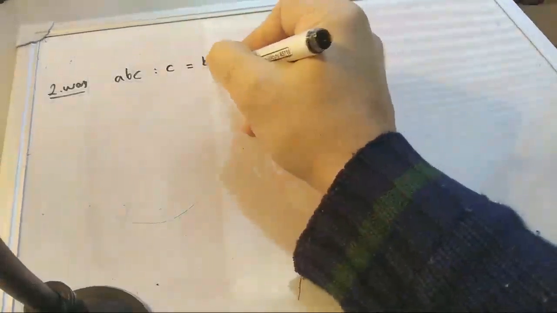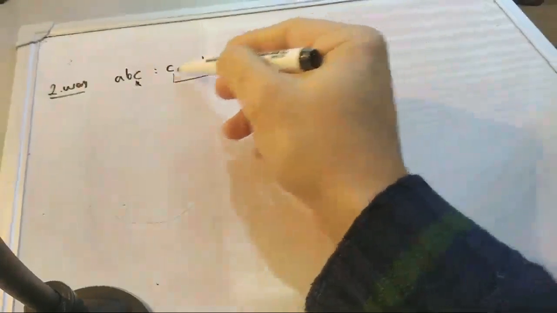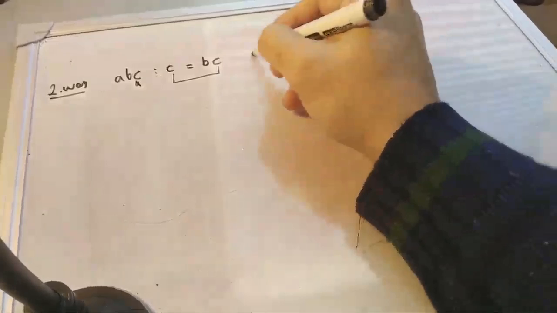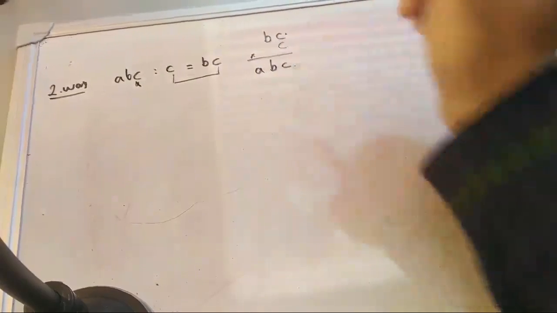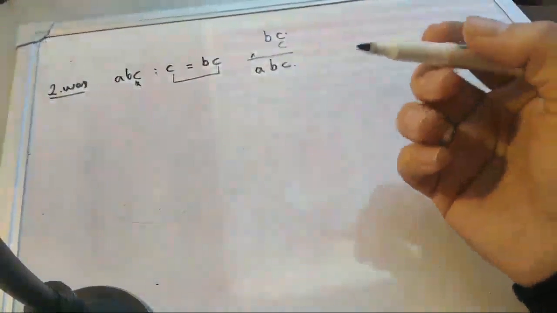Means C times C will give us C. Right? When we multiply BC and C, we will get ABC. C times C will give us C. C times C will give us again itself.